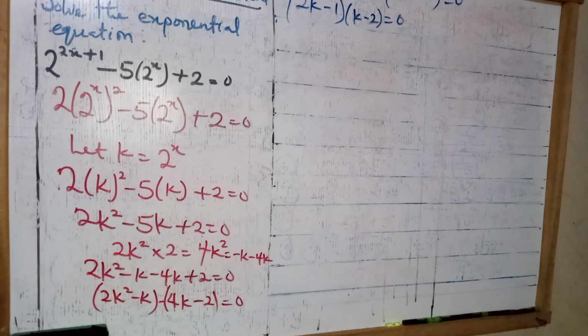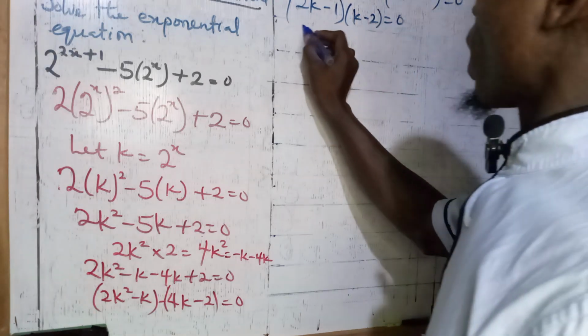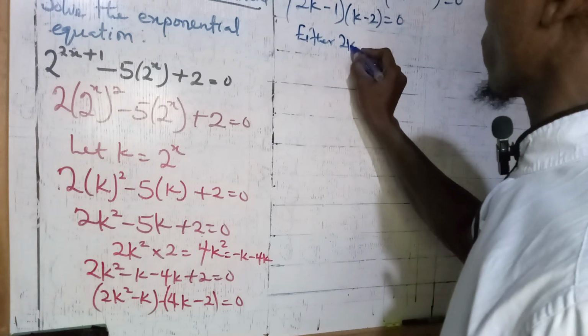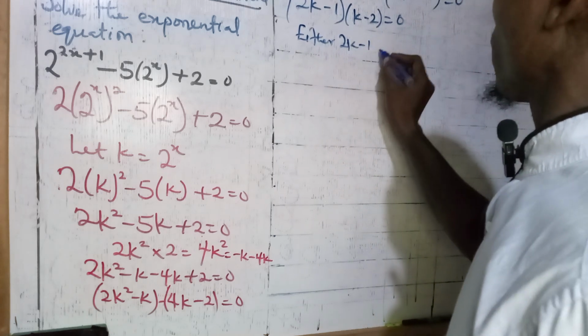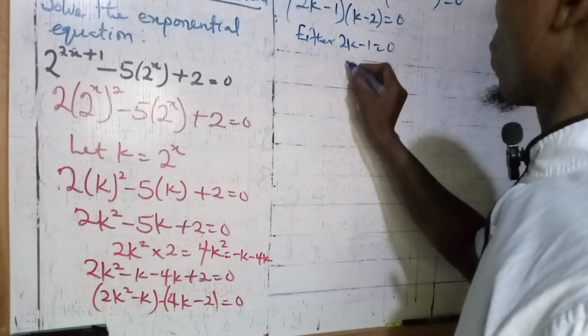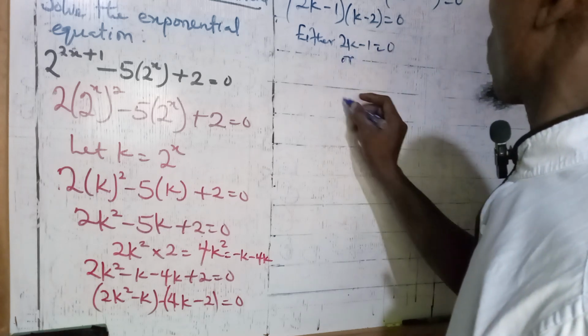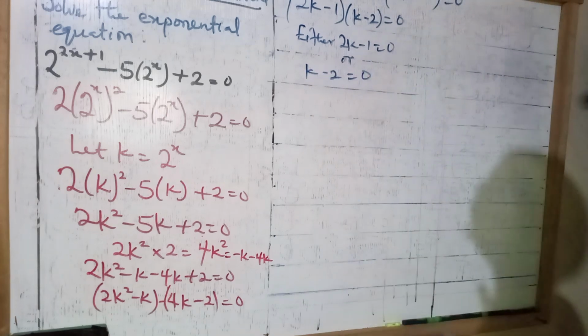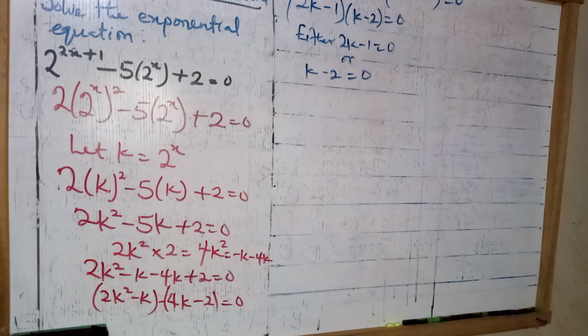Now we will have that either 2k minus 1 equals 0, or k minus 2 equals 0.